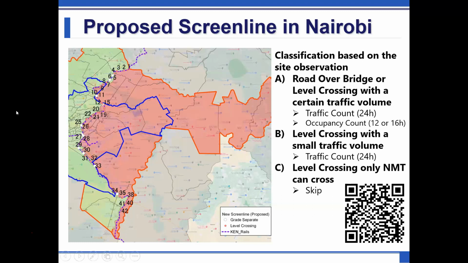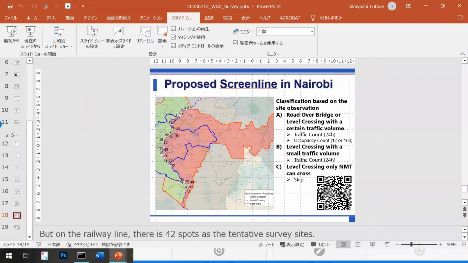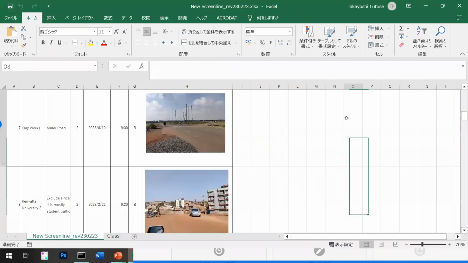And from these QR codes, I have now prepared the details of each location so that you can refer to them easily. Let me show them.